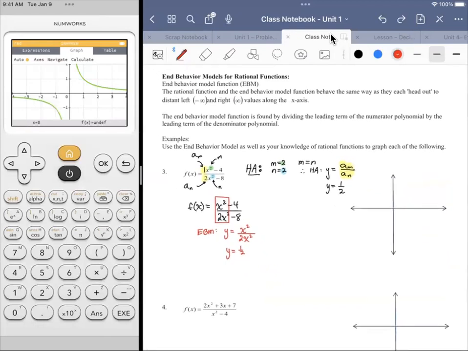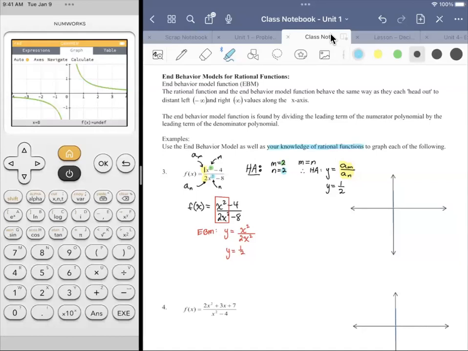So the directions here use the end behavior model as well as your knowledge of rational functions, which is literally the worst thing that a student wants to hear, because that requires you to know stuff. It's not procedural like with the polynomial functions where I said find the x-intercepts, find the y-intercepts. Here, I just say your knowledge of rational functions because the only possibilities are asymptotes, along with any possible roots that might exist.